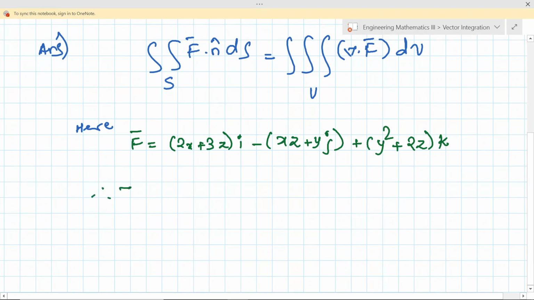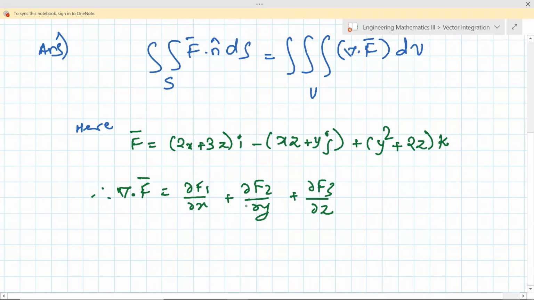Therefore, what is del dot f bar? Del dot f bar is del f1 by del x plus del f2 by del y plus del f3 by del z. In the previous example we had a direct result, that del dot r bar is equal to 3, but here we don't have r bar, so we need to calculate del dot f bar.